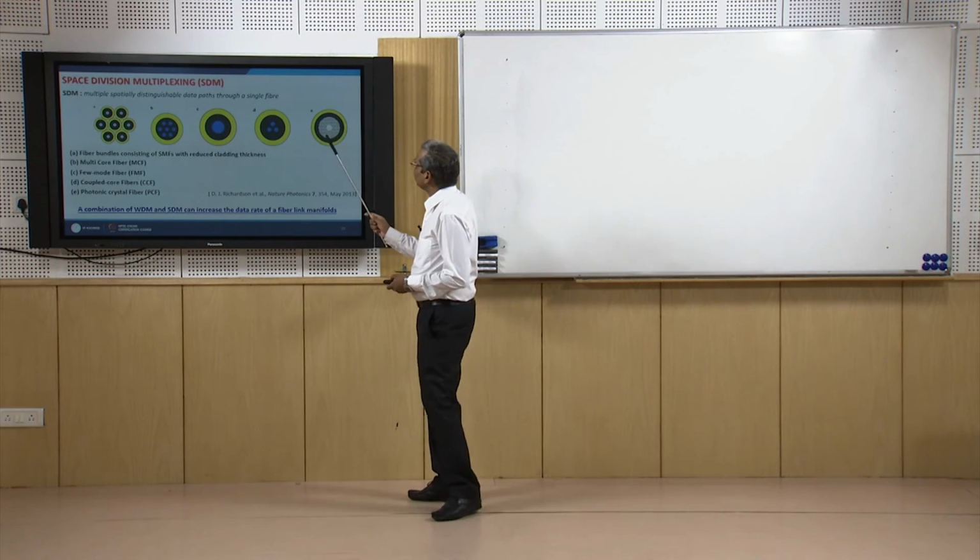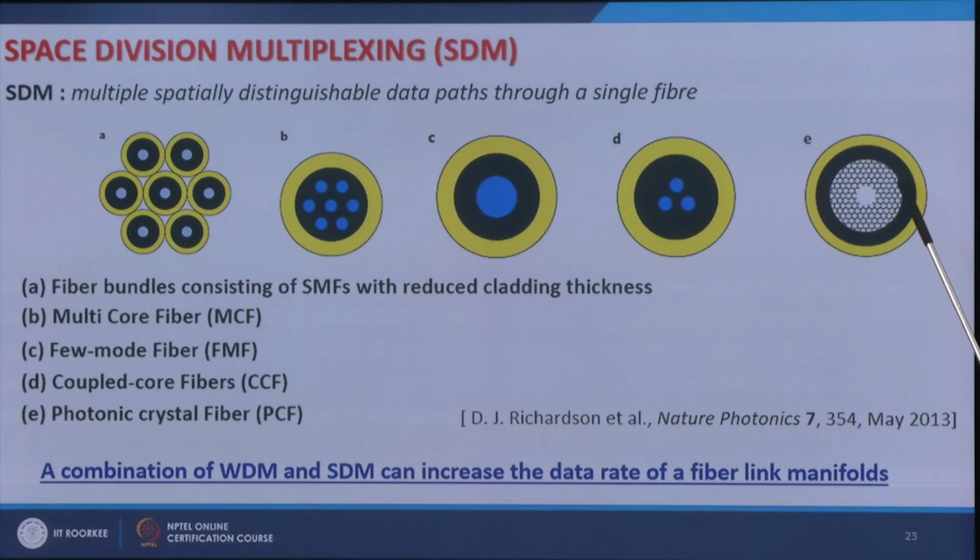So, in this kind of fiber, if you have photonic band gap here and you create a defect here, that is you remove periodic arrangement from here, this acts as defect site. If you launch light into this defect, because the light sees band gap everywhere, then light is confined in this region. So, this is photonic crystal fiber.